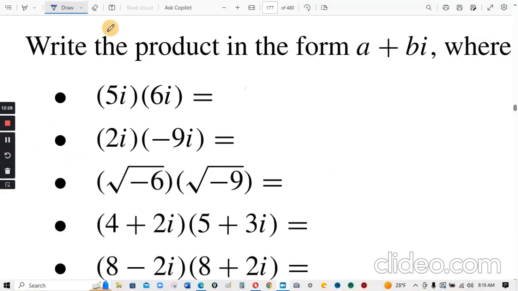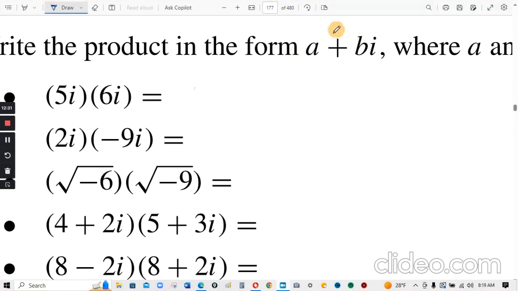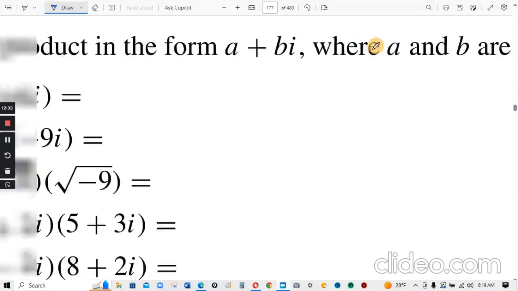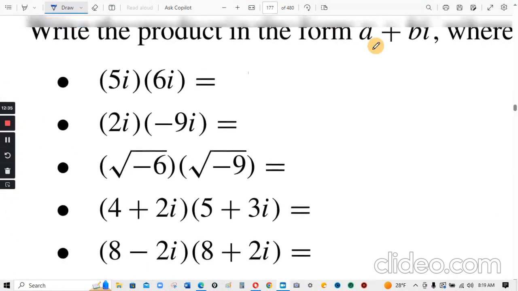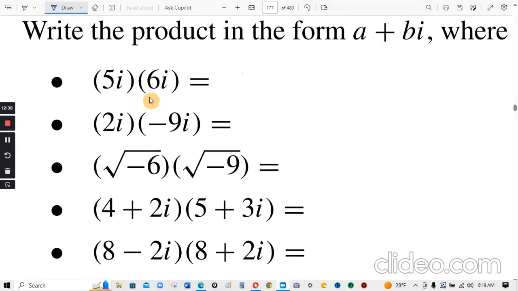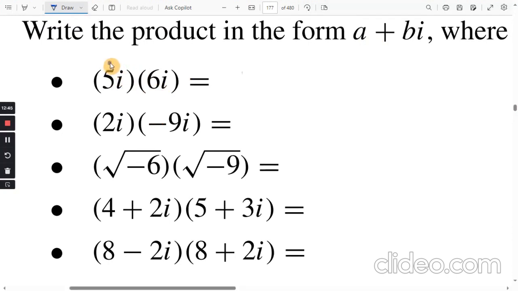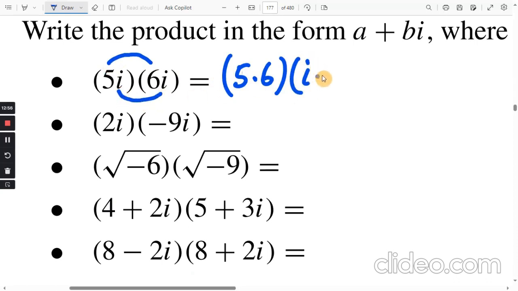All right, in this section, they want us to write the product in the form of A plus BI, where A and B are real numbers. So it's pretty simple. It's the same as if the I were an X. So 5I times 6I, it's basically the same as 5 times 6 and I times I. All right, 5 times 6 is 30.